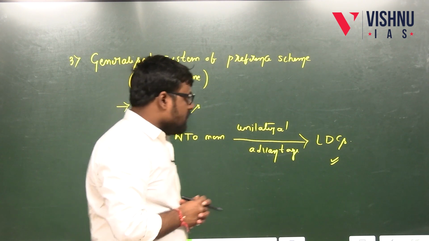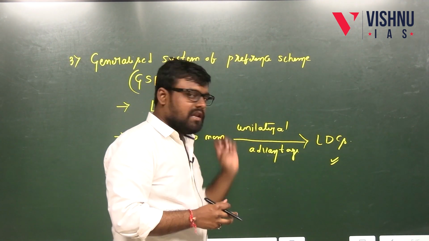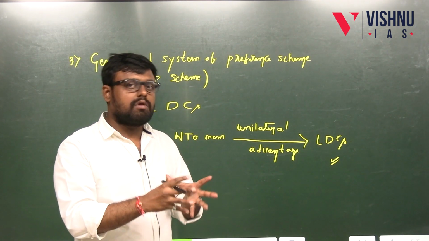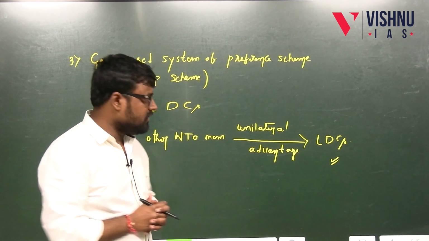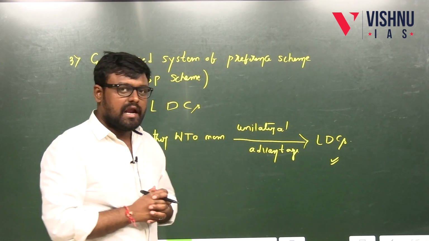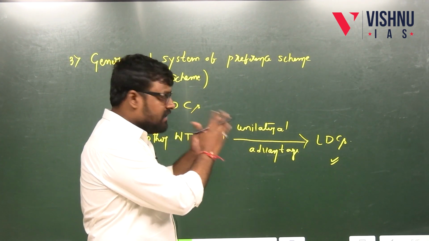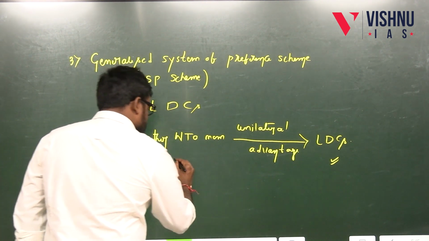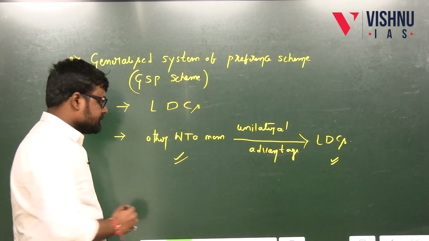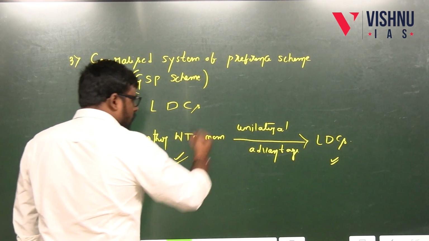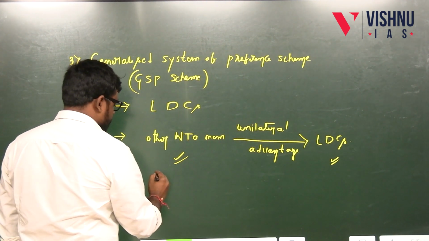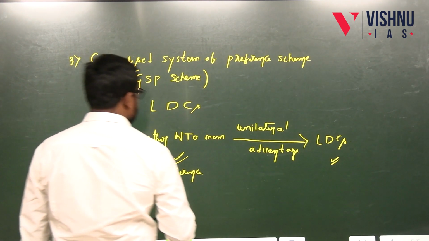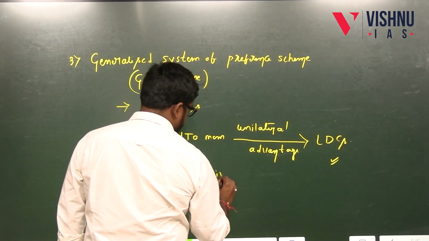So when goods are imported from the least developed countries, there will be very less import duty or zero import duty. This is in order to encourage the LDC, to benefit the least developed country. So the other WTO members are the advantage giving members, or preference giving countries.